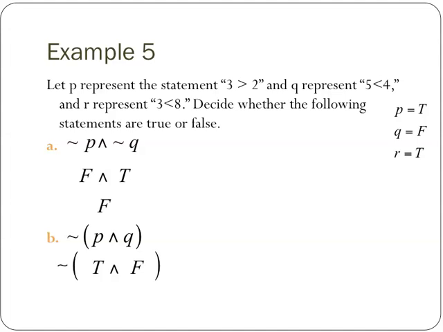True and false. In a conjunction, both statements must be true. That's not the case here, so this is going to be false. But we still have the negation out in front. To negate a false statement, you end up with a true statement. So our answer here is true.